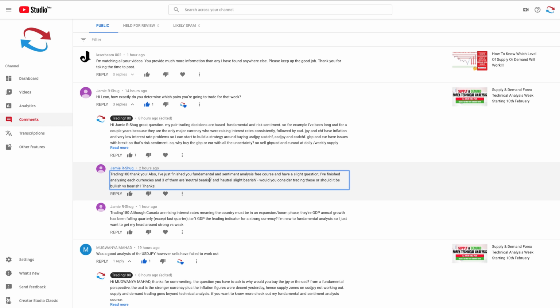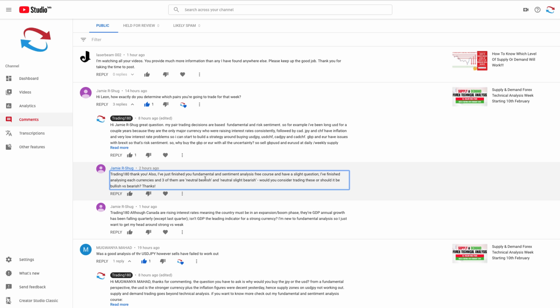Bullish versus bearish. Now, if you do have two currencies that are neutral bearish, but let's say for example one is politically stable and the other one is politically unstable, they're going through some sort of election and the polls are tight, and the ruling party are facing a potential defeat, and you've got other things going on, and there's a lot of uncertainty.